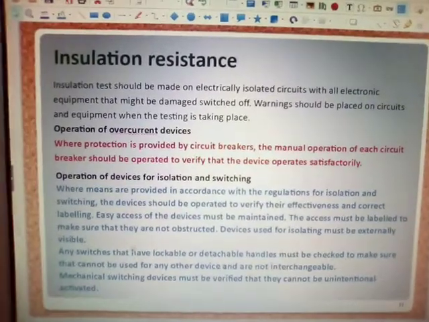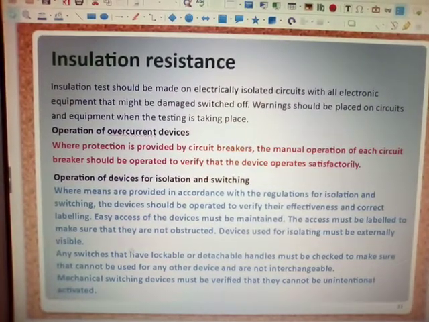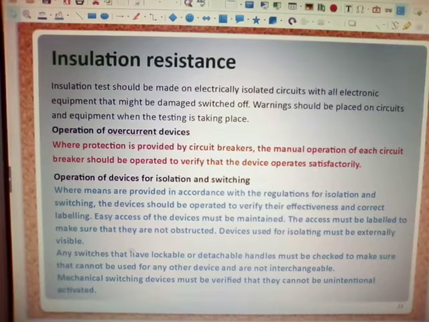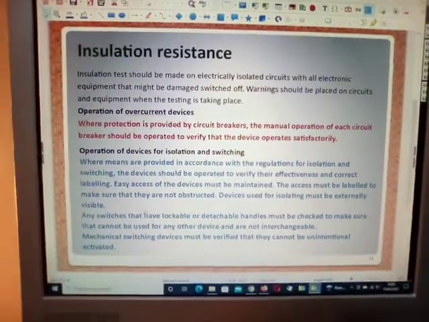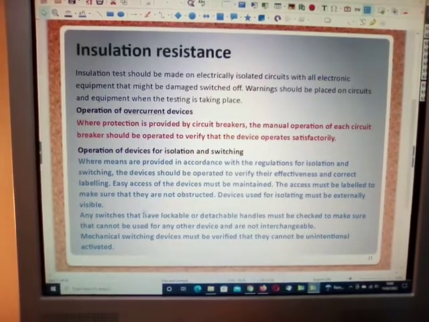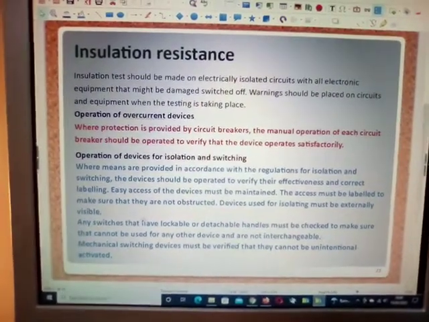Here again, it's telling you in regards to insulation resistance test, how and what you need to do to make sure that you're not damaging any electronic components which may be in the circuit.